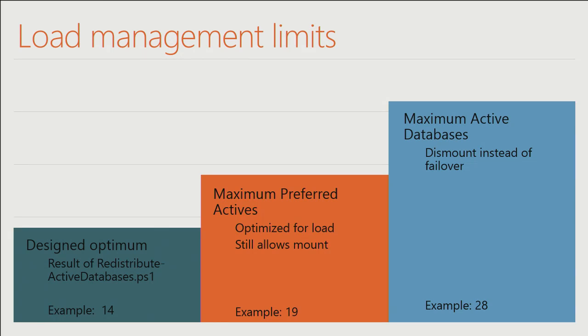Then we put in max preferred actives. What we see now is in this situation, the databases are nearly perfectly balanced. So it's going after giving you a good experience on all the servers, precluding that you see high peaks in particular servers. It's uniform usage of the servers available.